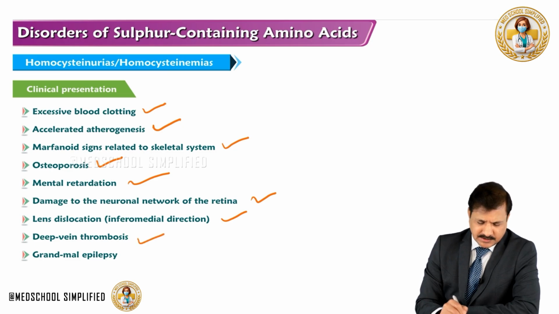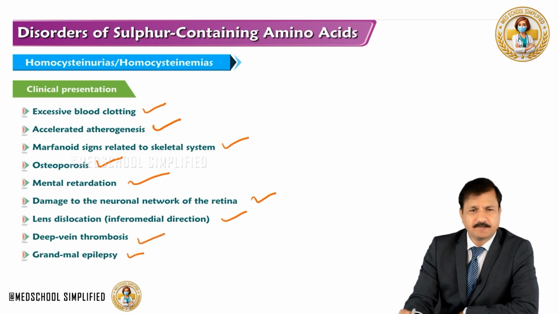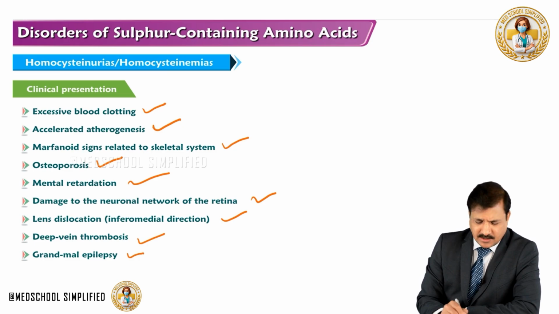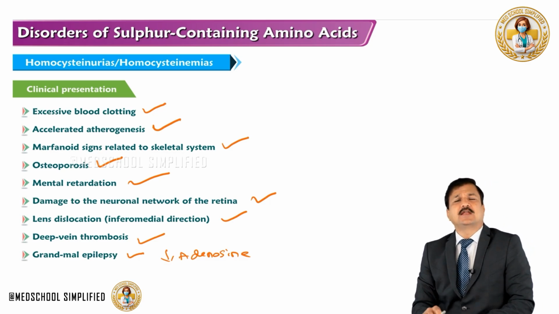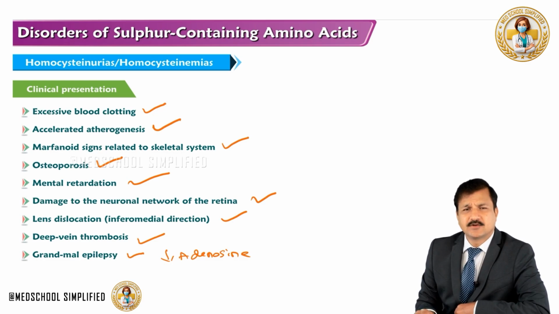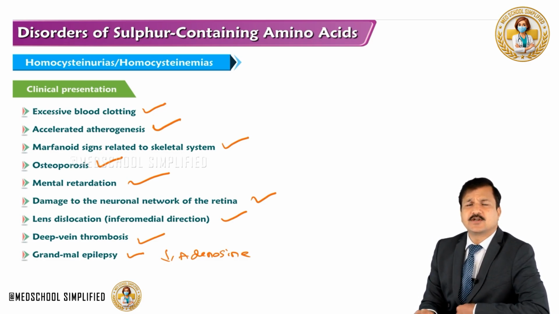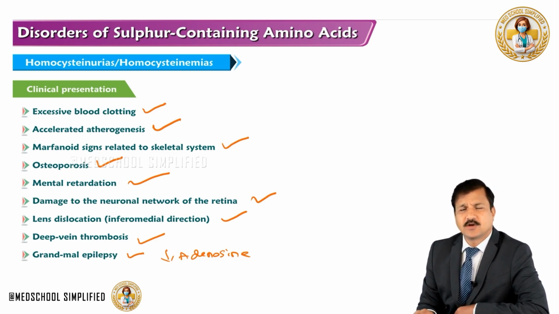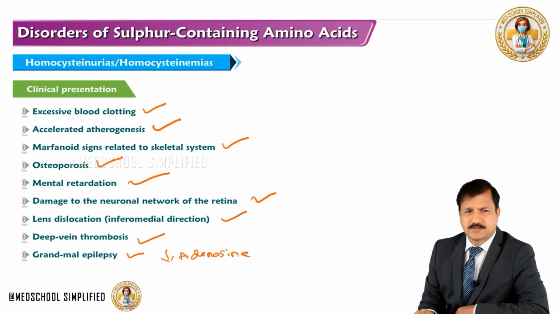Deep vein thrombosis and grand mal epilepsy. The grand mal epilepsy is because of a decrease in adenosine in homocystinemia, and adenosine is an inhibitory neurotransmitter in the central nervous system. A decrease in adenosine will lead to an increase in the excitatory effect. That's why it can lead to grand mal epilepsy.